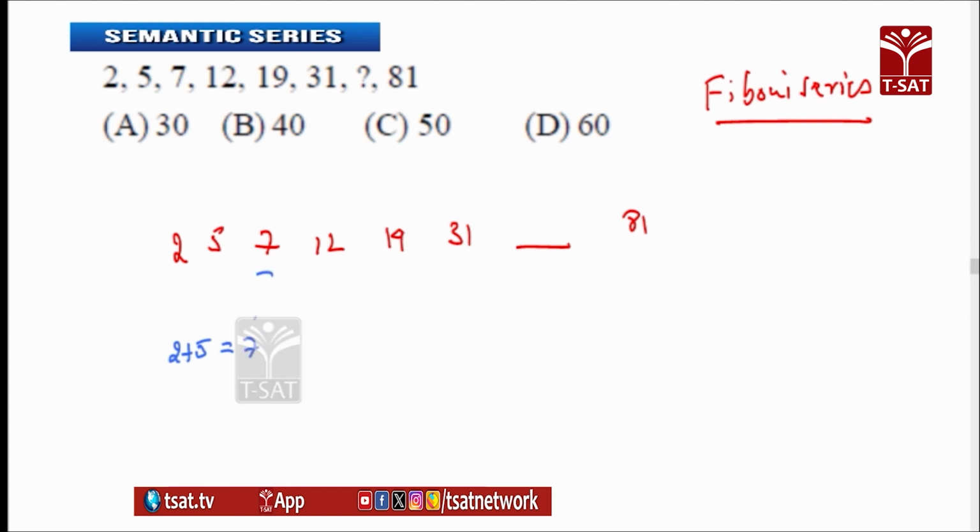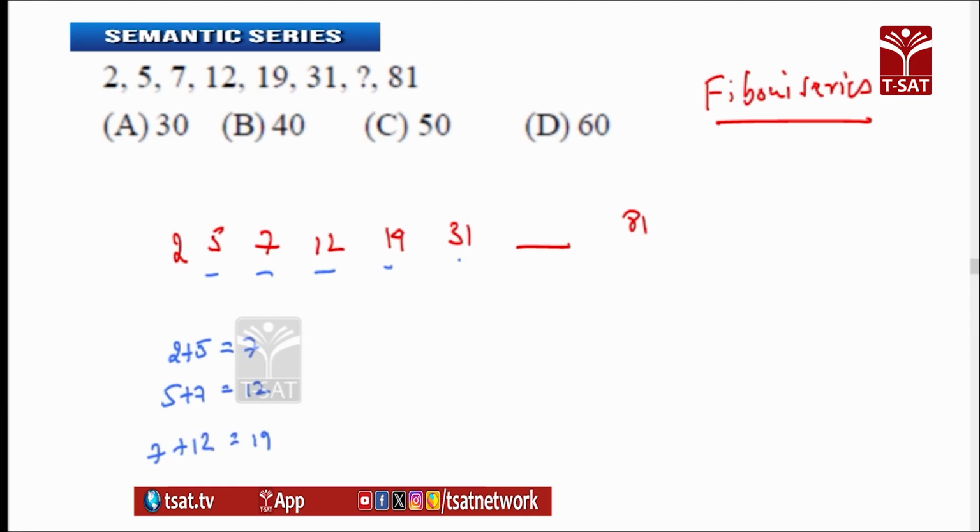So you got 7 here. In the same way, to get the next number, that is 12, we have to add 5 and 7. So 5 plus 7, then you will get 12. In this way, again to get 19, we have to add the previous two numbers, that is 7 and 12. So 7 plus 12 will get 19.